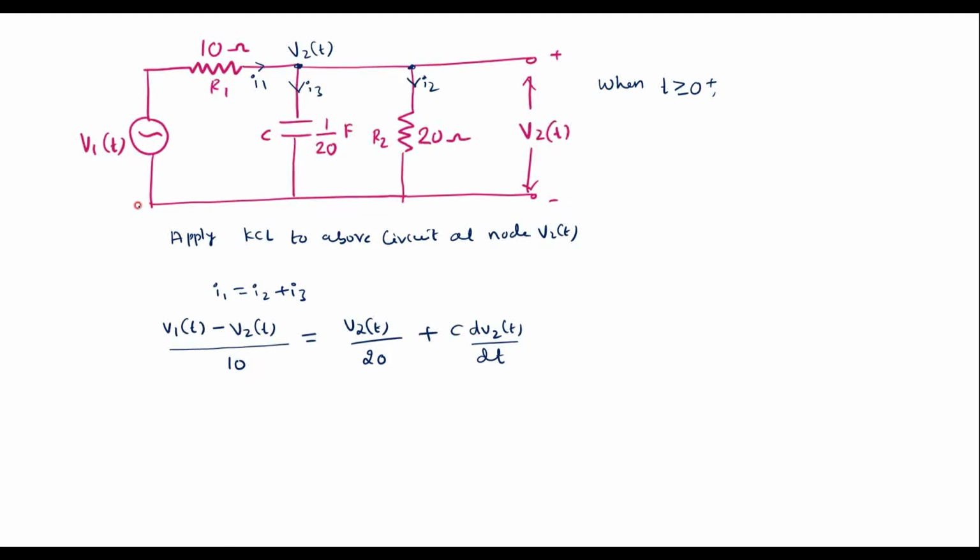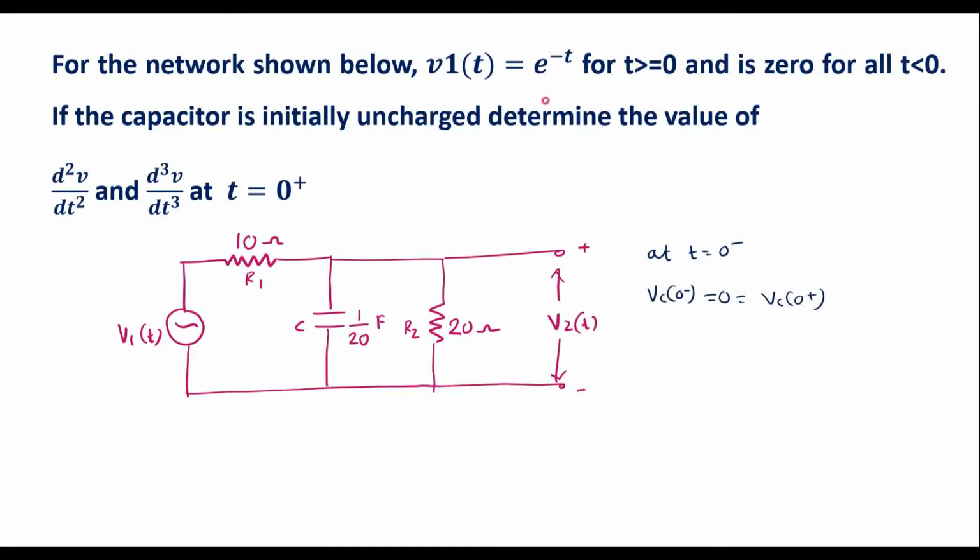Here V1 of t value is given in the problem itself, that is V1 of t is e power minus t.